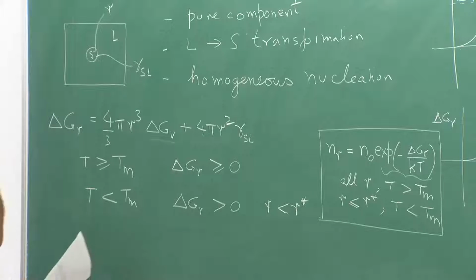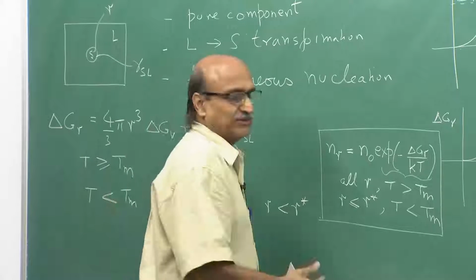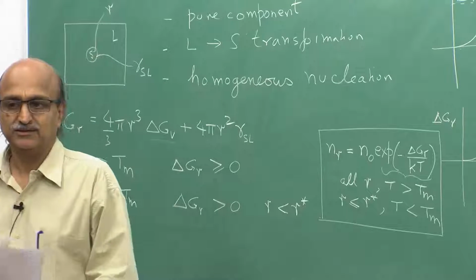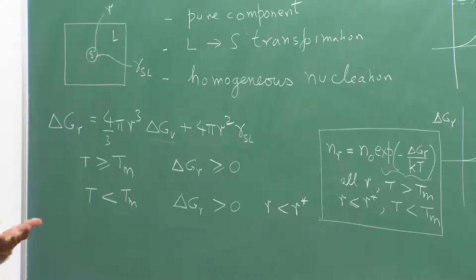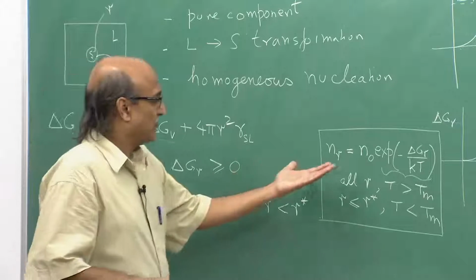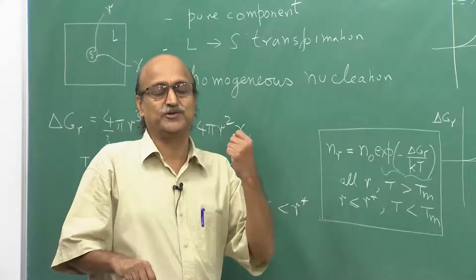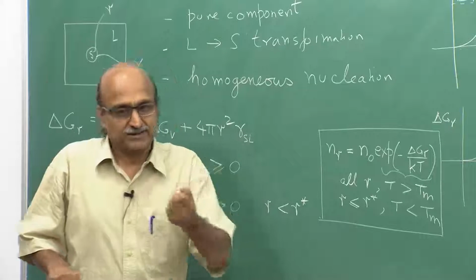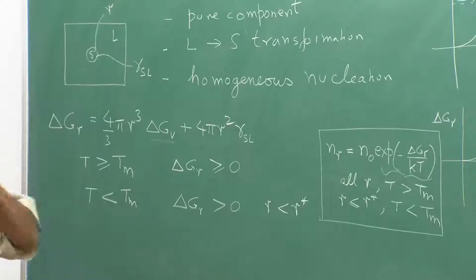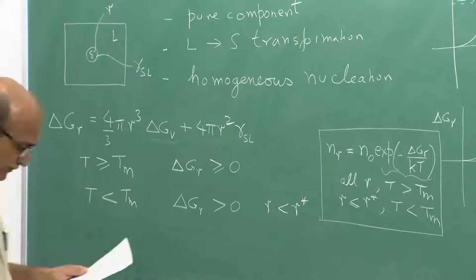Now, what I would like to do is just to get an idea that, given a system, what kind of density of nuclei one can expect for different sizes of nuclei at some given temperature. So, let us take a system for this.